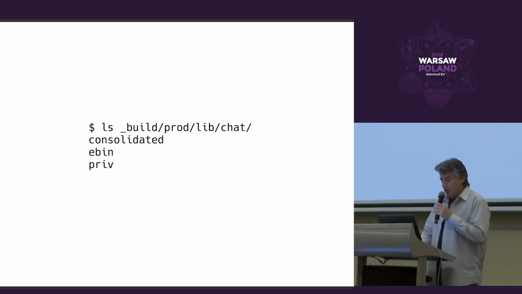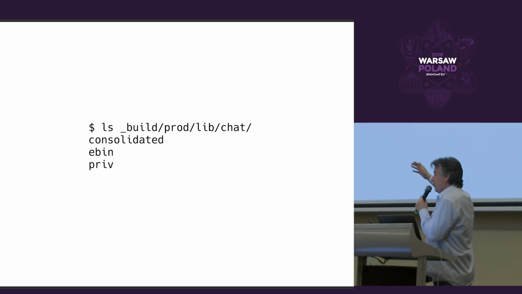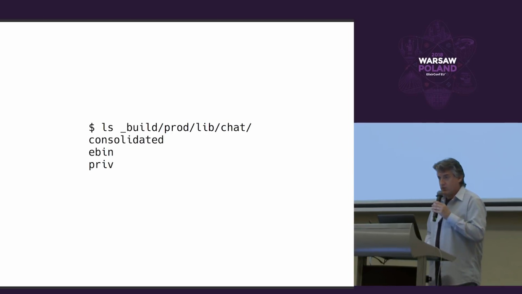So in Erlang and Elixir, you will have this ebin directory, which has the compiled files, and priv with some assets and stuff, and then consolidated is specific to Elixir. It stores consolidated protocols. Ebin and priv are the directories that you normally deploy.